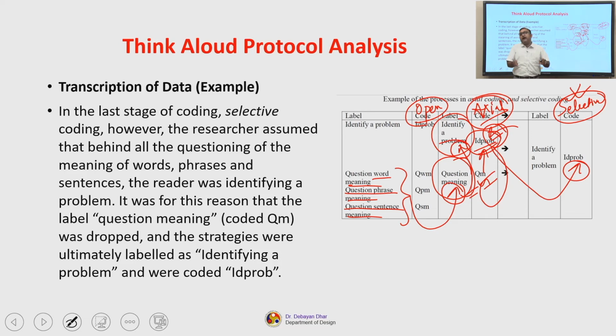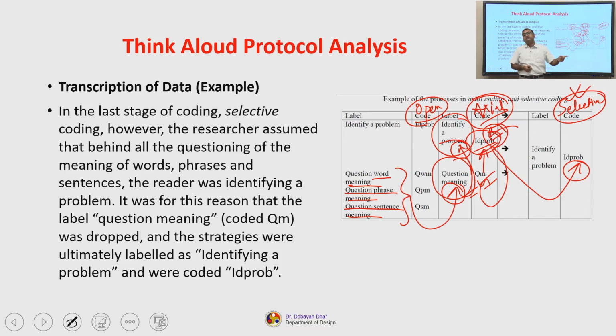So, think aloud protocol analysis has two aspects. The aspects are: how you conduct an experiment, asking your respondent to think out loud concurrently or in retrospection, and then you record those verbalizations, transcribe the data and analyze it in terms of open codes, axial codes and selective codes.